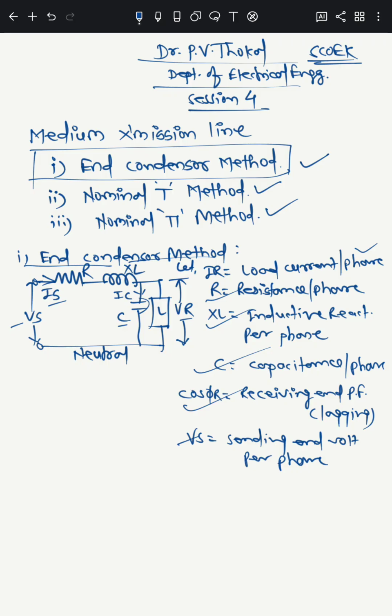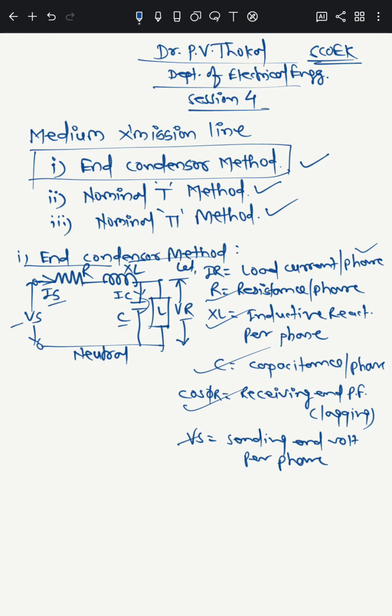But in case of medium transmission line, for the first method, the condenser method, the capacitor is connected in parallel with the load. Now it is very important to draw the vector diagram, so I will explain how to draw the vector diagram for this end condenser method.